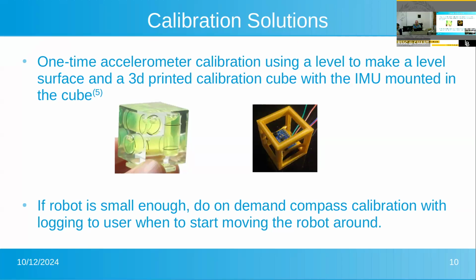So now this slide is talking about dealing with the problem. I addressed the compass and the gyroscope, but the accelerometer I haven't addressed. That's what this is for. To do the accelerometer, you can do a one-time accelerometer calibration for each physical IMU you have, using a level to make a level surface.